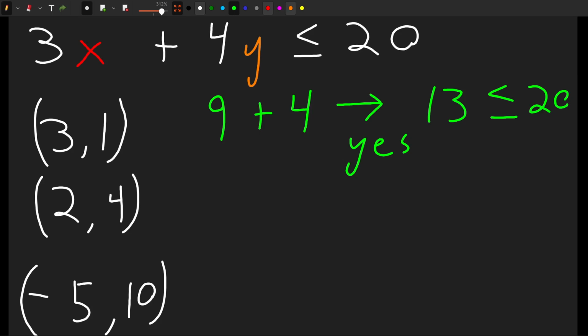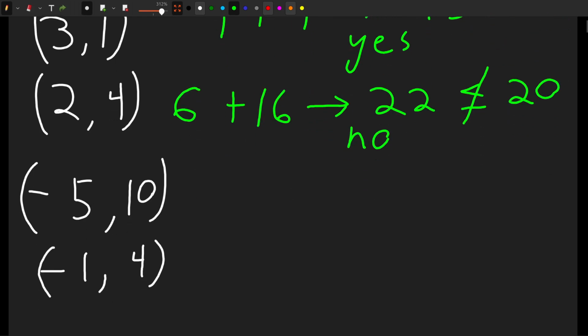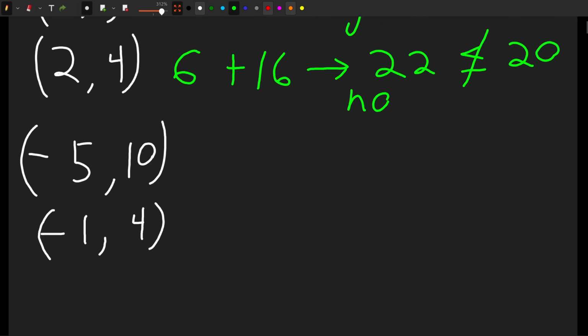2 times 3 is 6. 4 times 4 is 16, so 6 plus 16. That gets us 22. And so in this case, 22 is not less than or equal to 20, so this is no. Next problem we're going to deal with is (-5, 10). -5 times 3 is -15. 10 times 4 is 40, so we're going to get -15 plus 40.